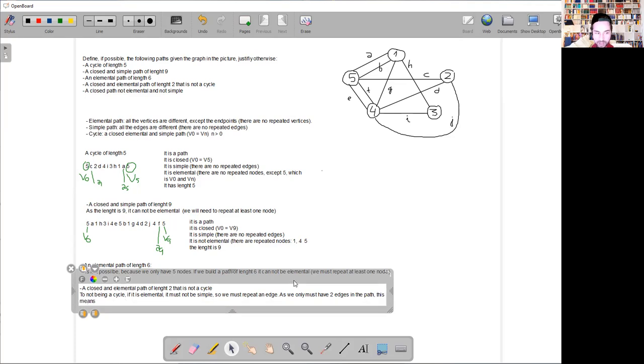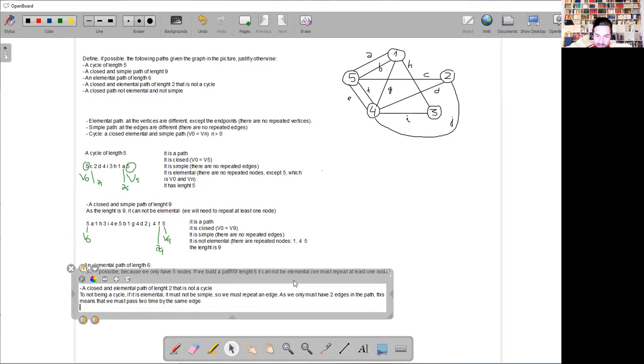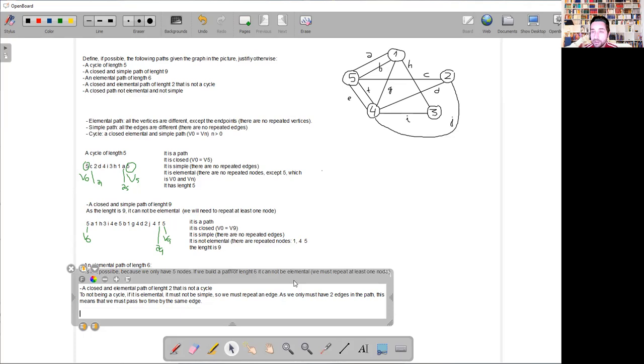This means that we must pass 2 times by the same edge, right?